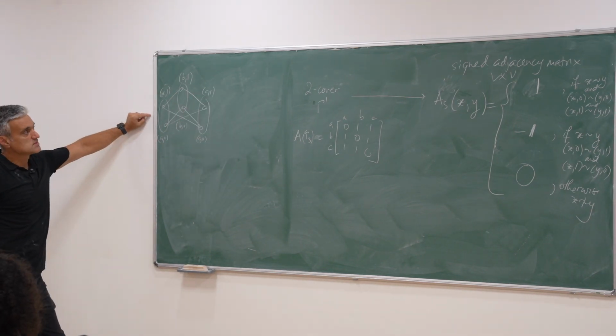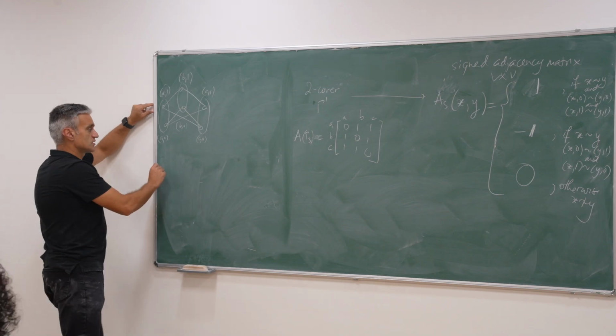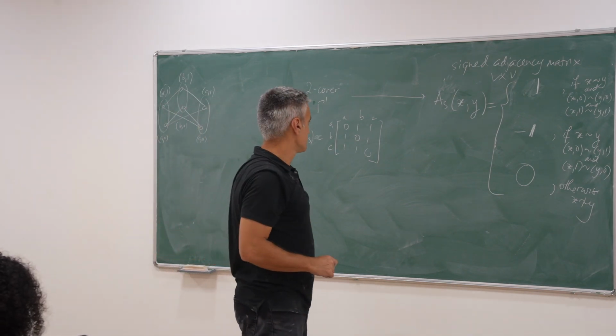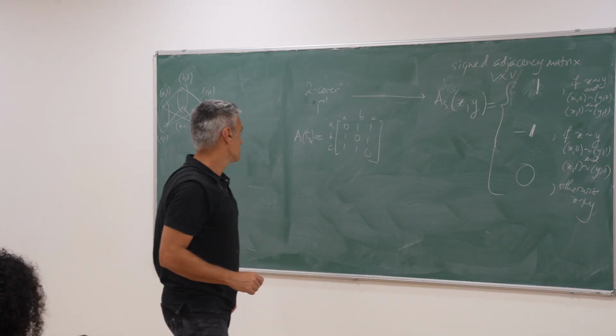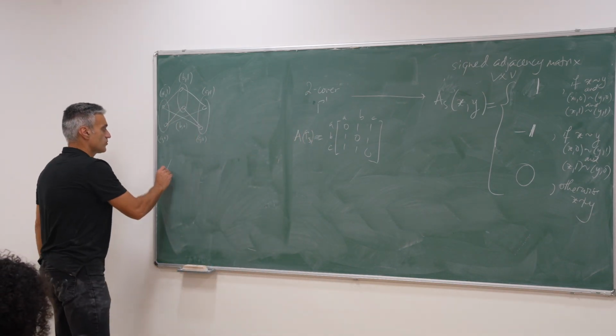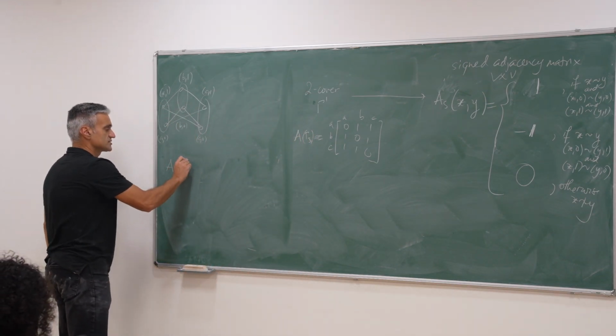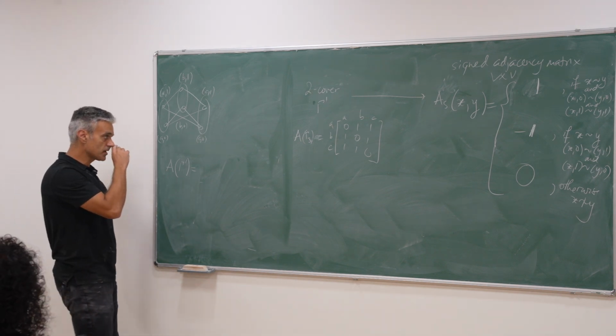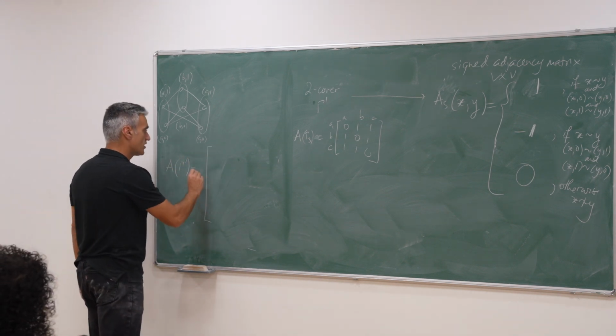Okay? So that's a picture of the graph. Now, I will write here the adjacency matrix of gamma prime. Okay, this is going to be a bit big, but I will do it the following way.